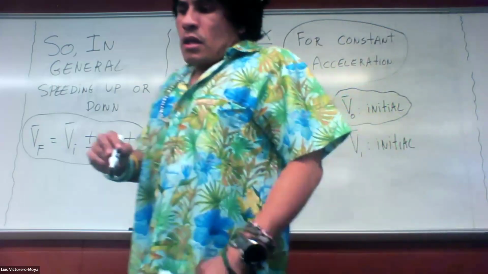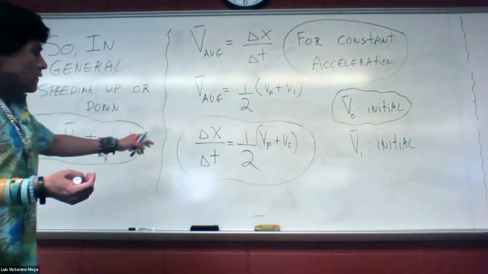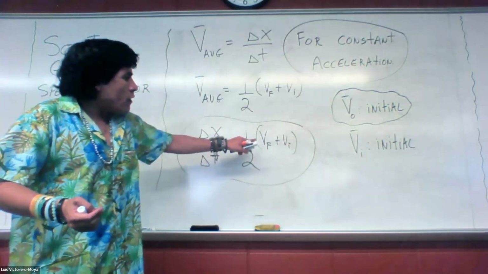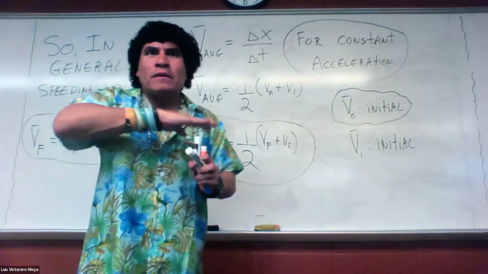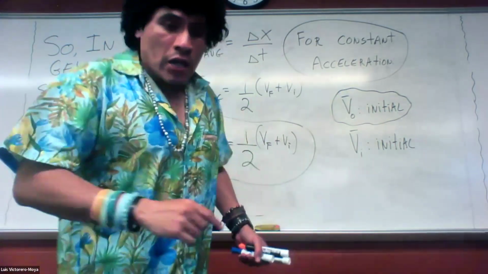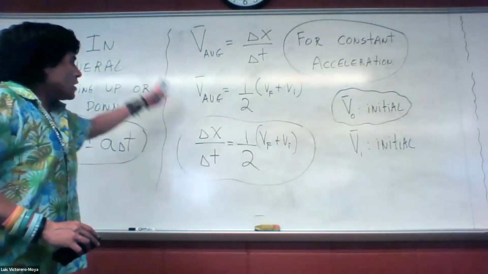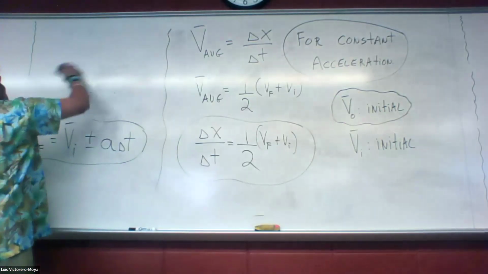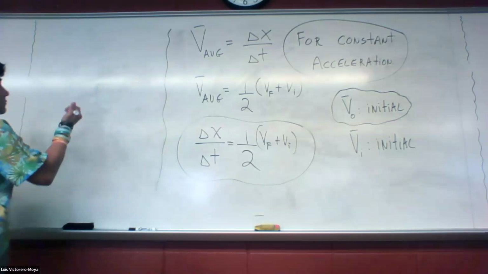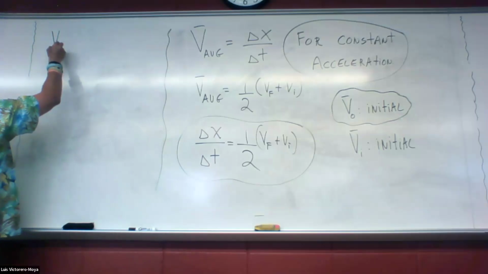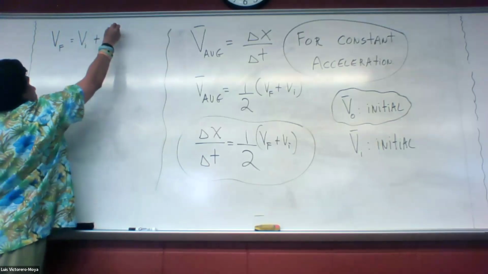All right. Anyway, let's combine these two. How? Well, delta x over delta t is 1/2 v final plus v initial. But wait, I know what v final is. So let's assume the body is speeding up, and then we can generalize. And you'll see what equation we're going to get. So let's write these two here. If we assume positive acceleration, v final is v initial plus at.